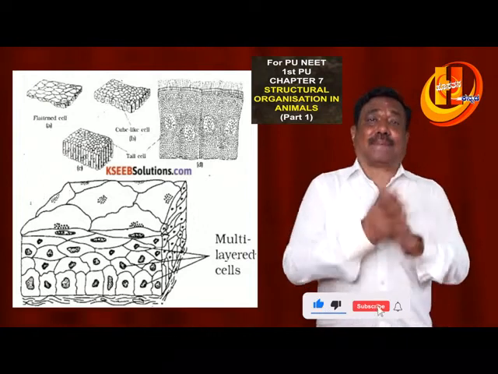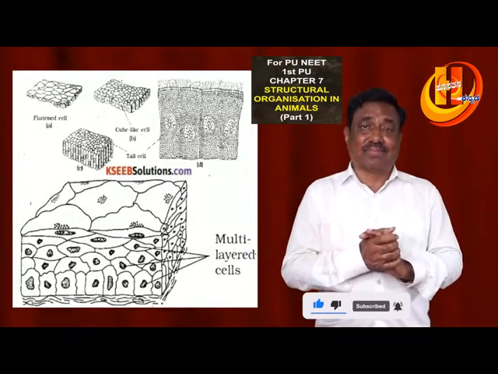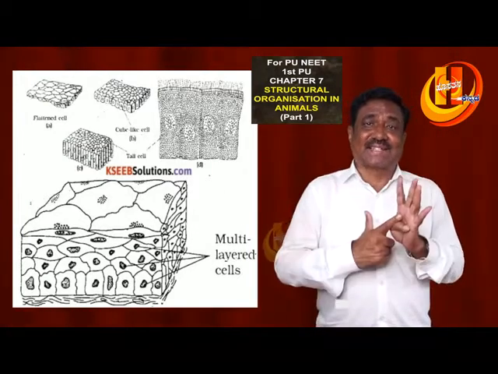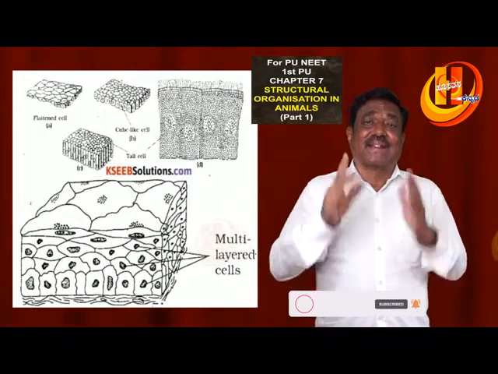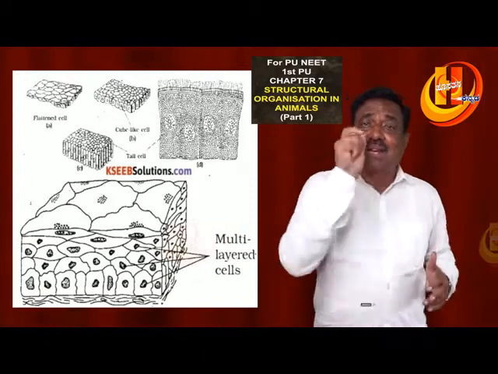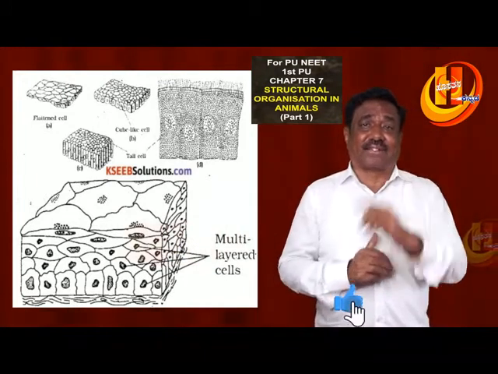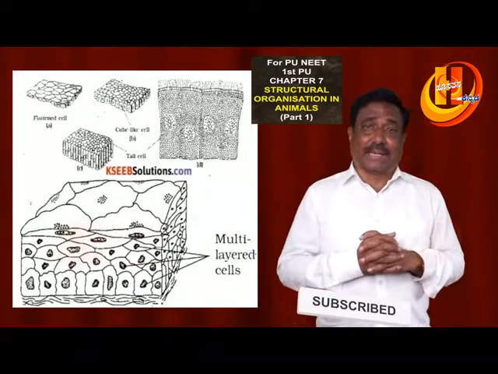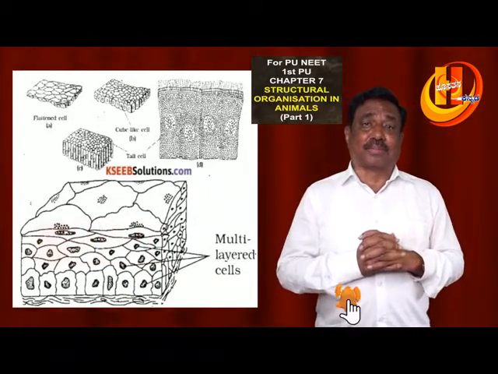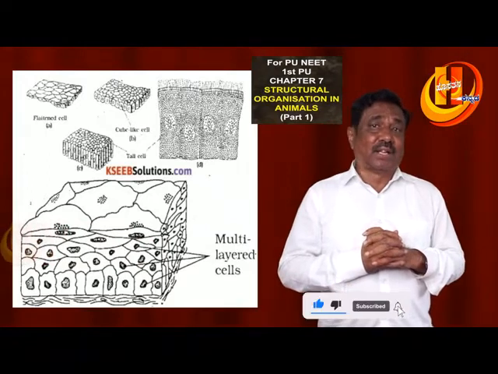So squamous epithelium: flattened cells, closely packed, arranged on structureless basement membrane, contains nucleus, cytoplasm, cell membrane. Nucleus present at the center. There are 2 types, simple and compound squamous epithelium. Squamous epithelium is protective in function.